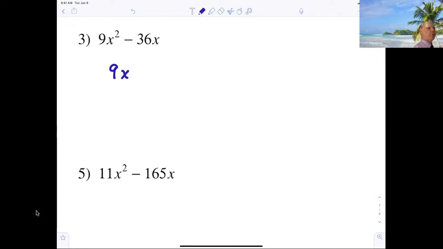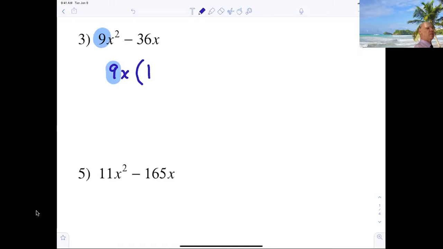Then you open up a parentheses. We're working backwards. What do I do with the numbers? Divide them. So I take this 9 and divide it by this 9, which is 1. So I'm going to put a 1. What do I do with exponents? Subtract.